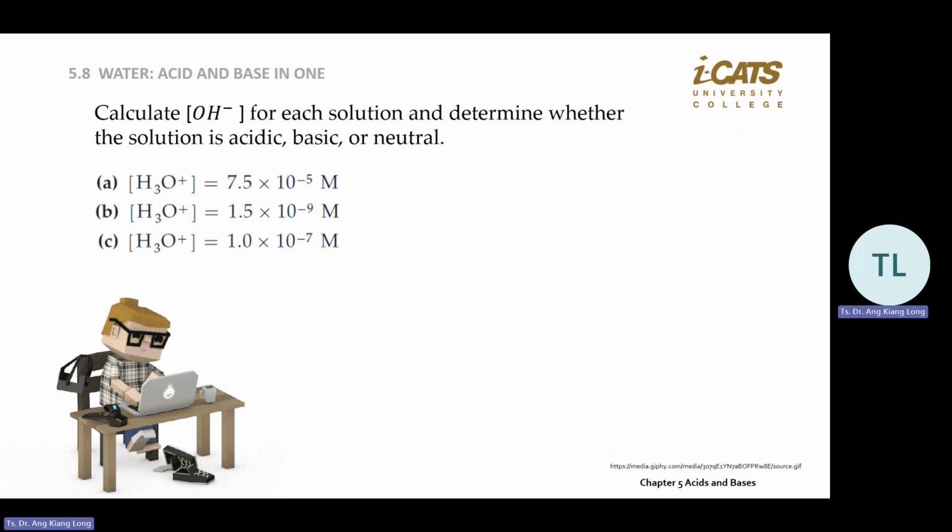Let's say the first one is minus 5. This one is H plus. Minus 5 is a big number, so this first one is acid. This one, minus 9, is less than 7, so H plus is less, so OH is more. More OH is alkaline.